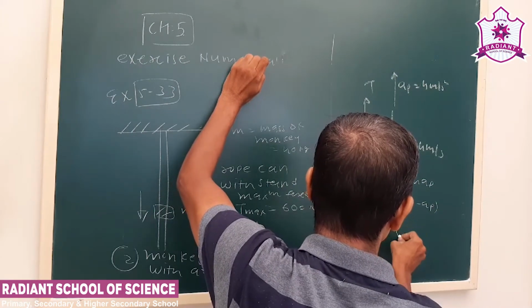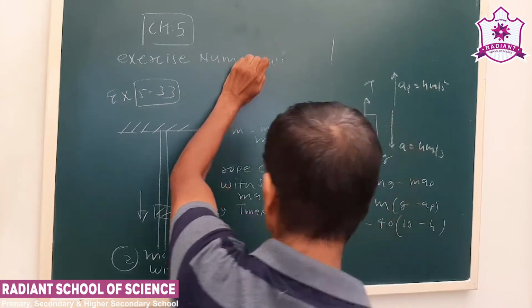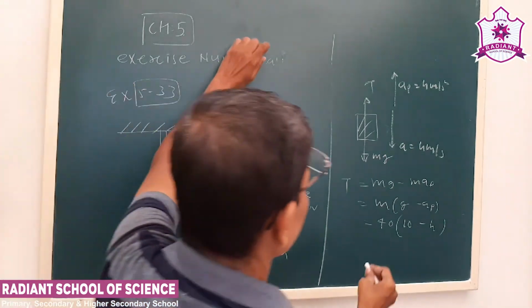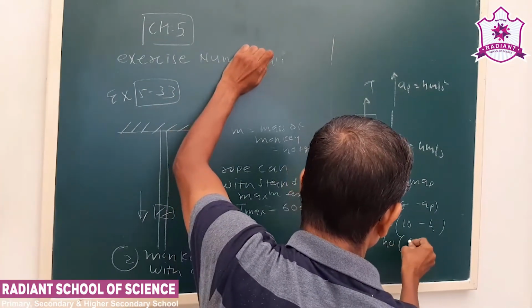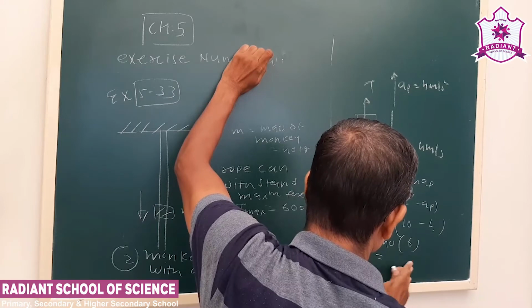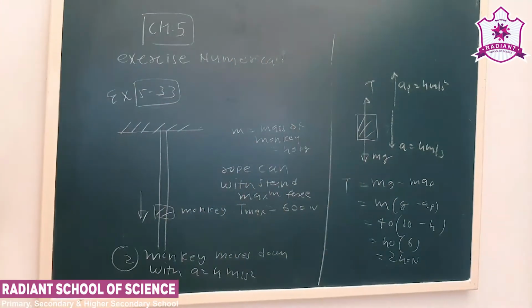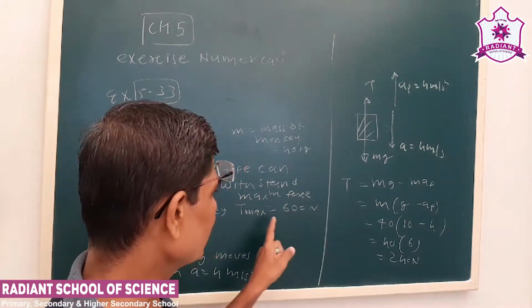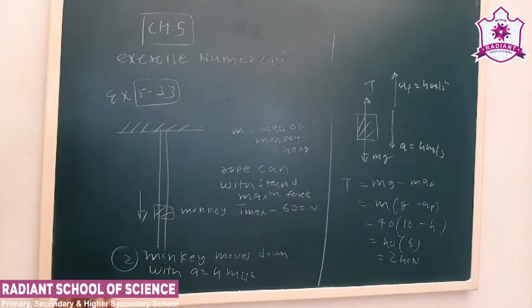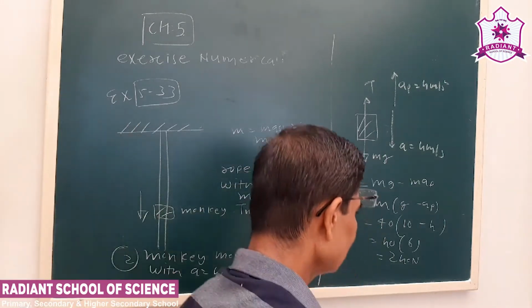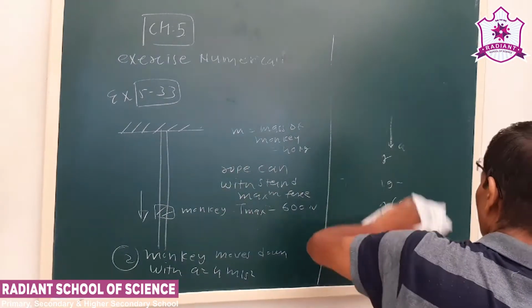Mass is 40, 10 minus acceleration 4. Now we can say here 240 Newton is less than the maximum permissible tension. So that's why he can slide down easily.